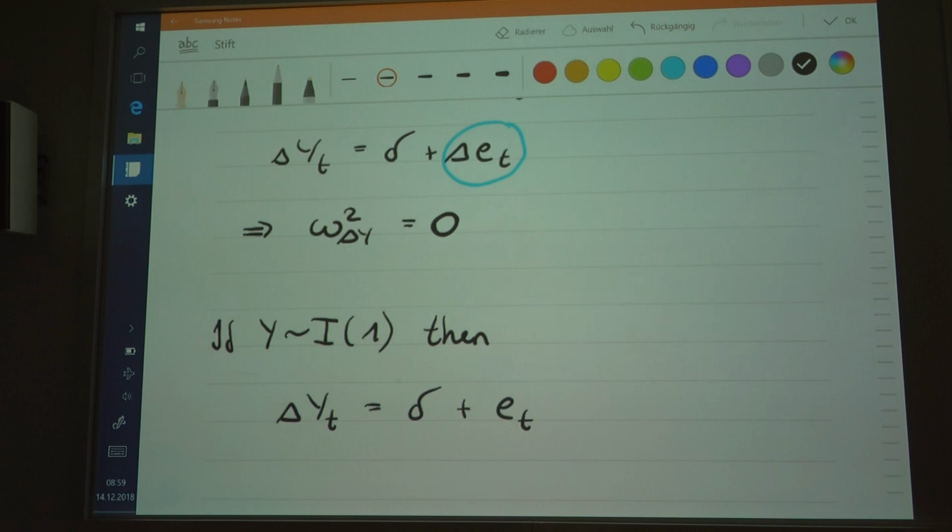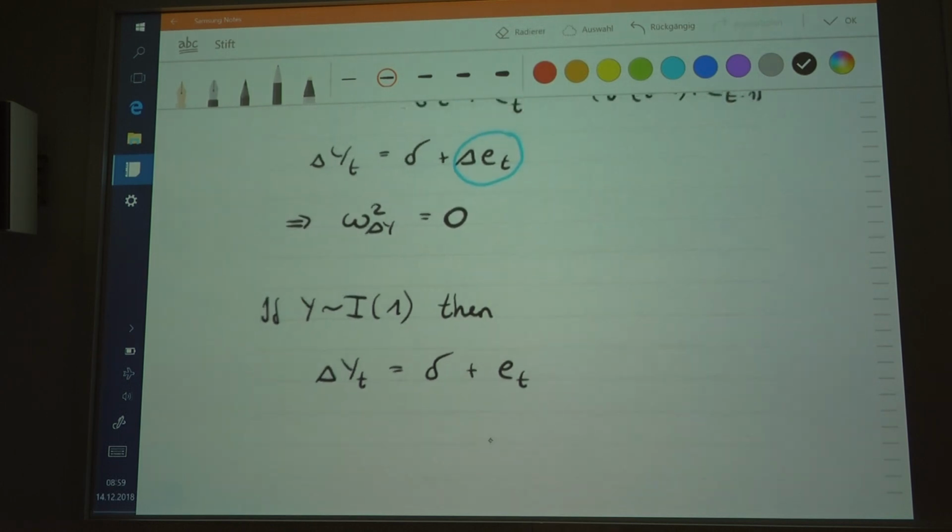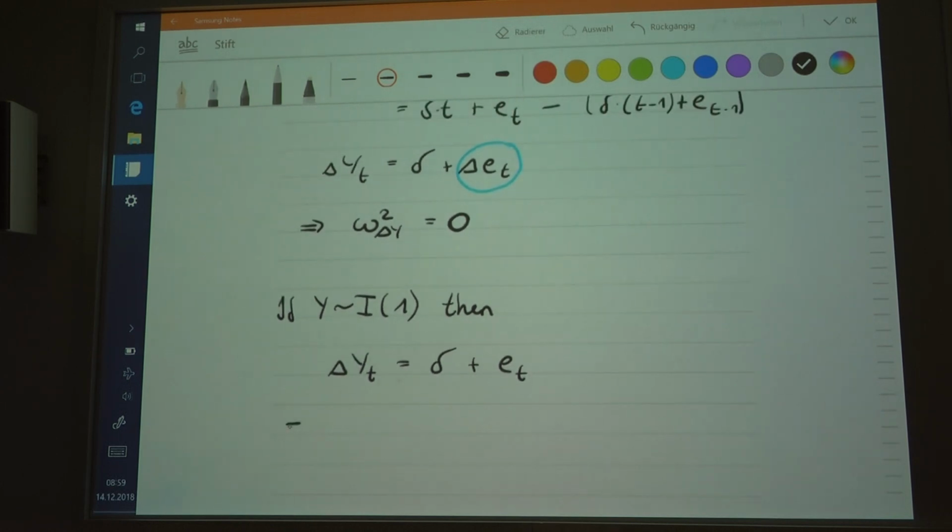If the difference of the process is stationary, with a positive long-run variance, then you get that the process is integrated of order 1. That's the difference between the two. In this case, the long-run variance of the process is going to be finite, but strictly greater than 0. That's how you distinguish between the two.